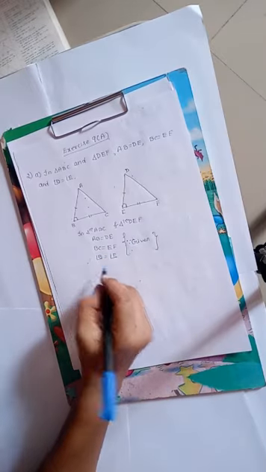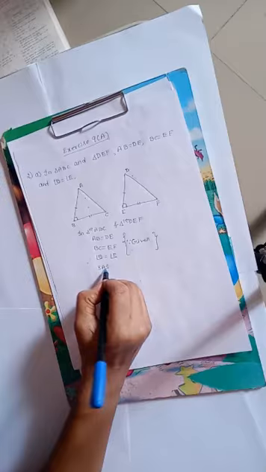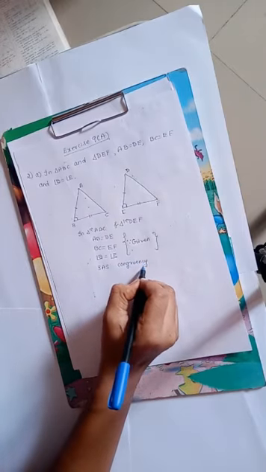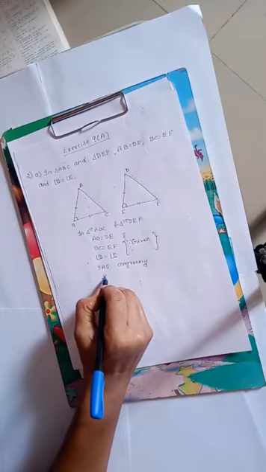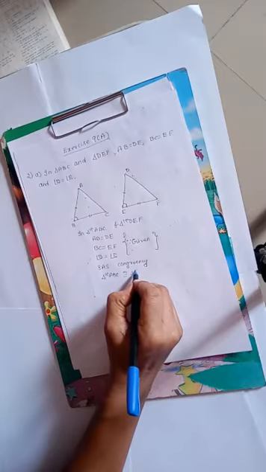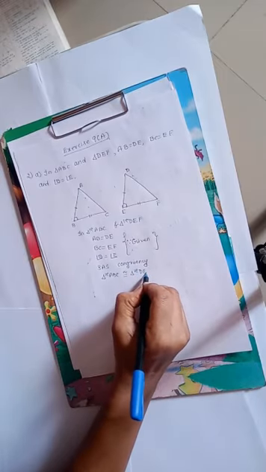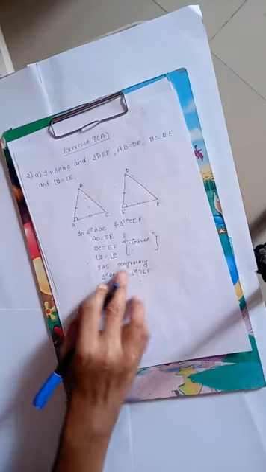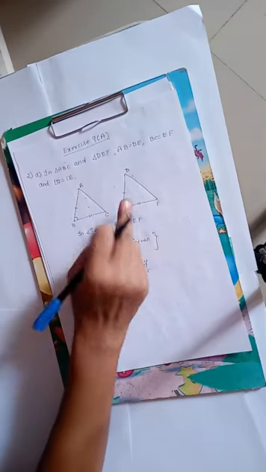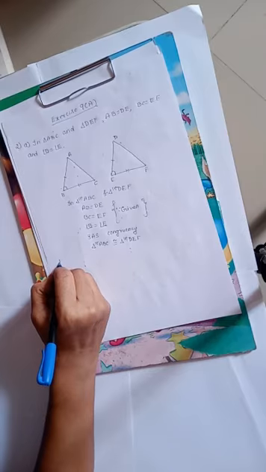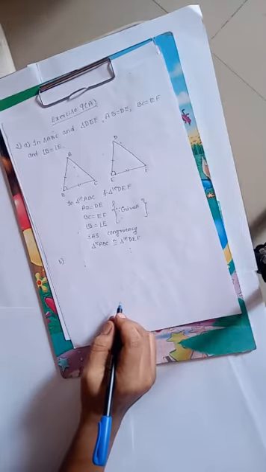Therefore, according to SAS congruency, triangle ABC is congruent to triangle DEF. On the condition of SAS congruency, these two triangles are congruent. Now let's move to the next question, B.